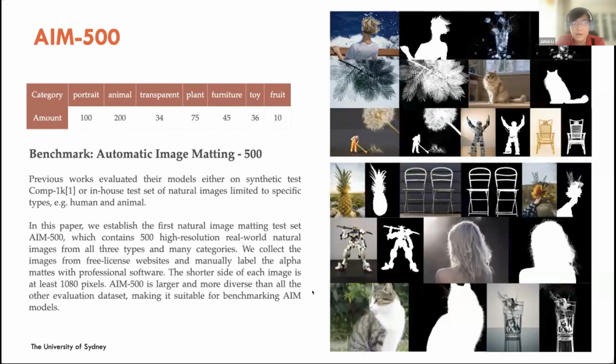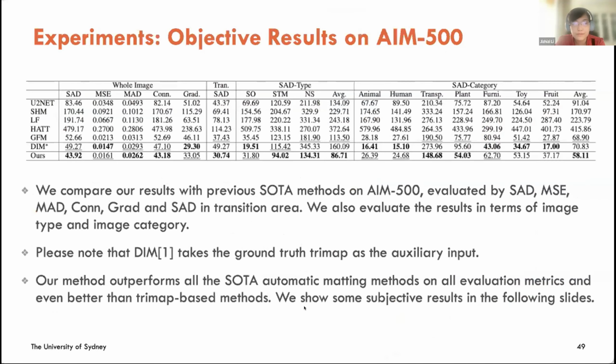We name it AIM500. It contains 500 high-resolution real-world natural images. So all the images are real-world, and they come from all three types and 7 categories like portrait, animal, transparent, plant, furniture, toy, and fruit. It is actually the largest real-world evaluation data set, making it suitable for benchmarking automatic matting models.